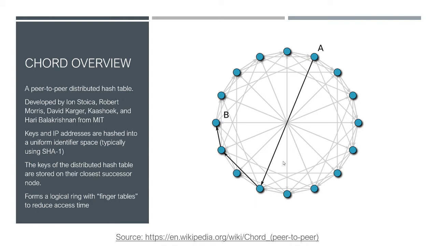So one of the innovations that my team added was basically replacing the mathematical formula that determines the way that the finger tables are structured, and basically we're using Fibonacci numbers instead of 2^m.